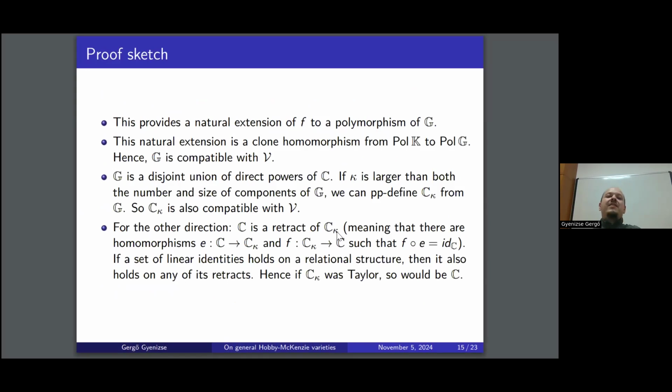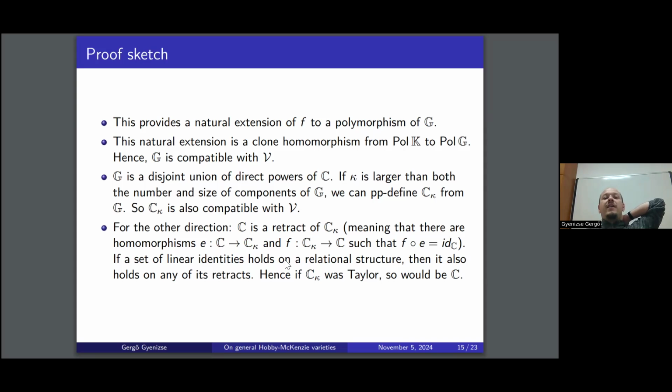So by retract, I mean that there is a graph homomorphism E from C kappa to C, and another graph homomorphism F from C to C kappa, such that if I do first E and then F, then we get the identity on C. And retraction preserves linear identities.